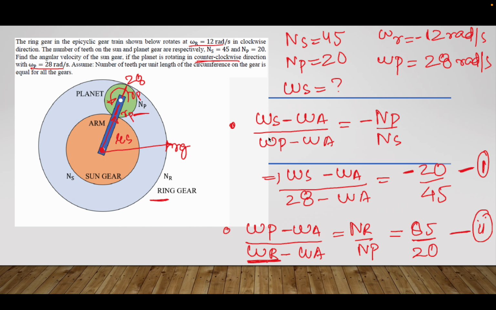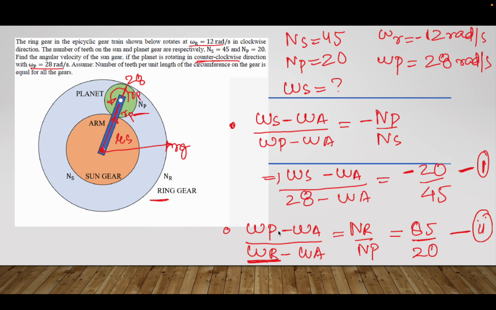Here omega a is not known, omega s is also not known, omega p is known, and np and ns are known. So from here we get this equation, which I'll call equation 1. Now when I solve for the planet and ring pair, with this as the arm, the arm will be the same.